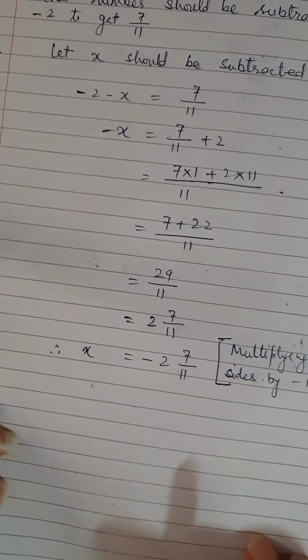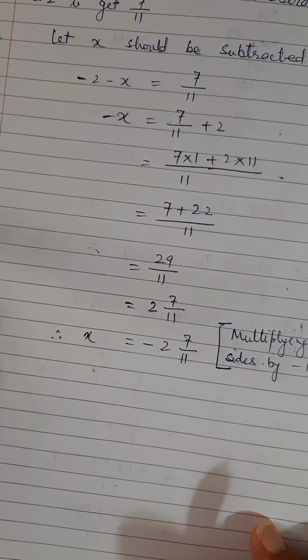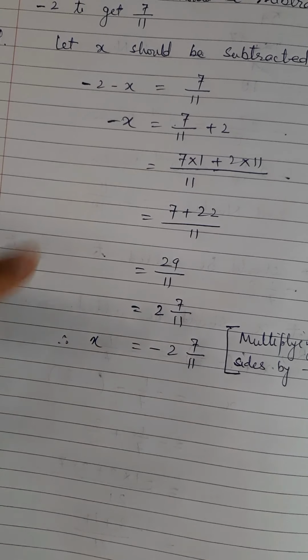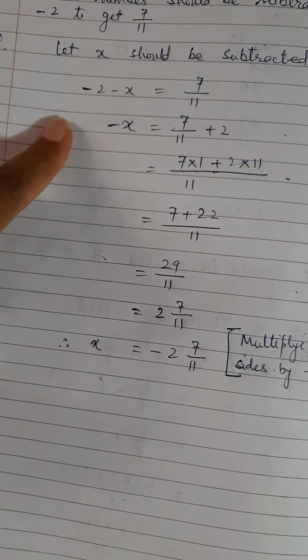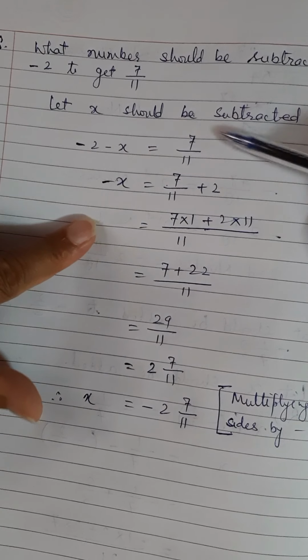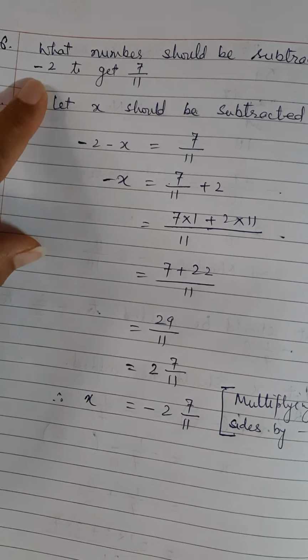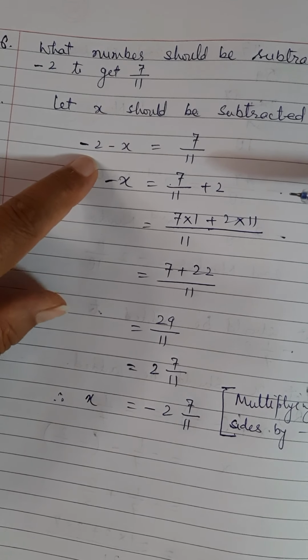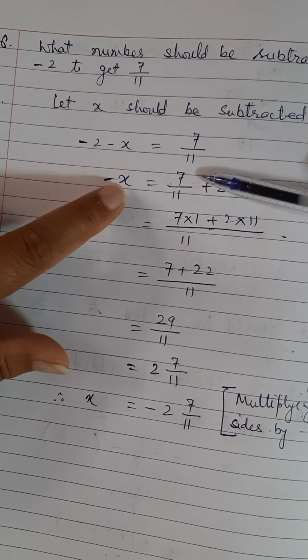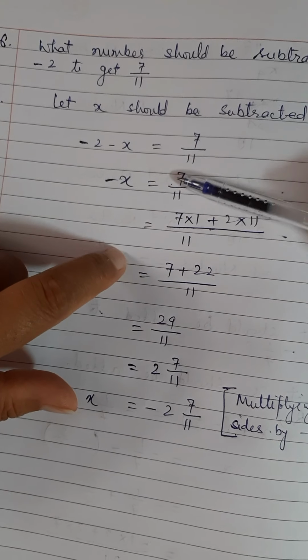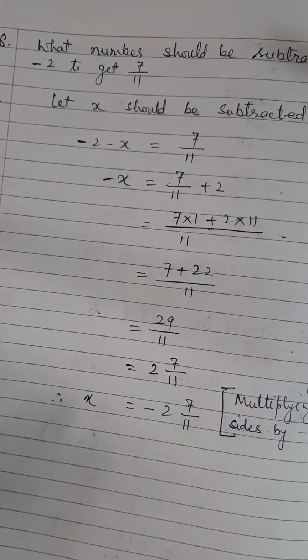Now the next is, what number should be subtracted from minus 2 to get 7 over 11? Now we have to subtract some number. So let x be subtracted from minus 2. So we have to write like this: minus 2 minus x is equal to 7 over 11. Taking minus 2 to the right hand side, it becomes 7 over 11 plus 2.